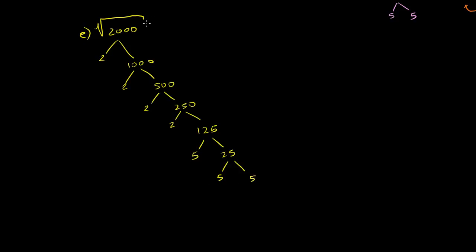And we're done. So this is going to be equal to the square root of (2 times 2 times 2 times 2 times 5 times 5 times 5). Right? We have 1, 2, 3, 4 2's, and then 3 5's.